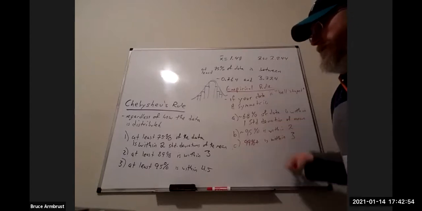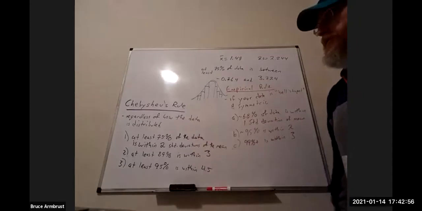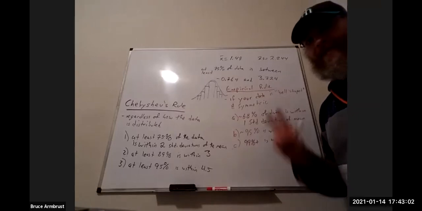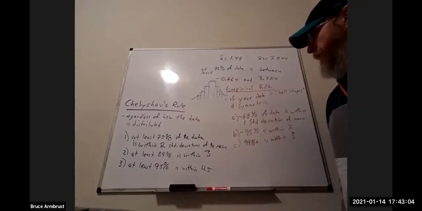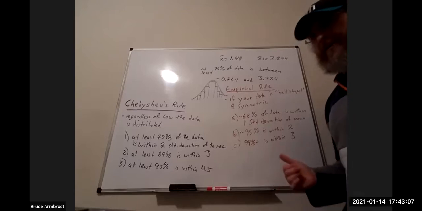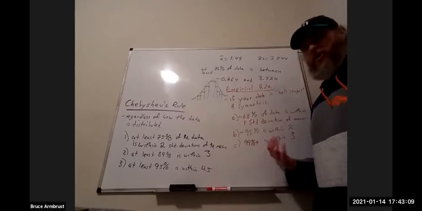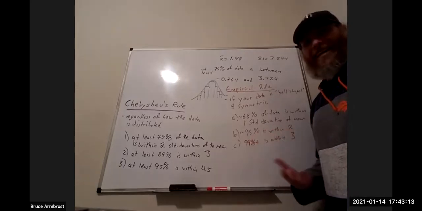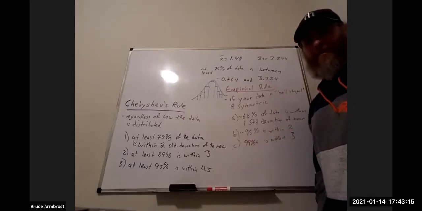So you notice that these numbers are a little bit bigger than what we see with Chebyshev's rule, but that's because this kind of distribution is nice. Like I said, it's nice data. But in this situation, man, standard deviations, you don't have to go very far to catch almost everything. Like, look at it, 2 standard deviations and you already have 95% of the data. Wow, that's almost everything.